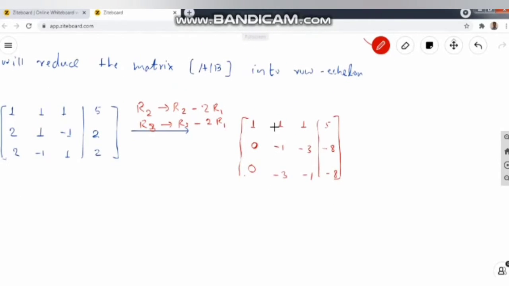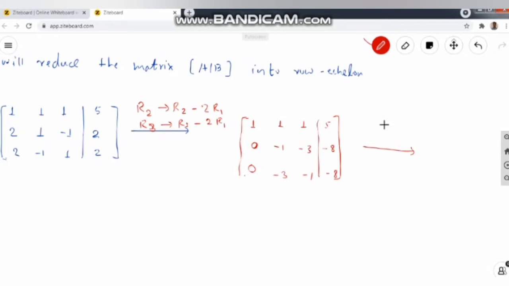So the next step is just look at the second row and see what is the first non-zero entry. If it is not 1, then make it 1 by applying the appropriate elementary operation, and make all the entries below that first non-zero entry in the second row 0.